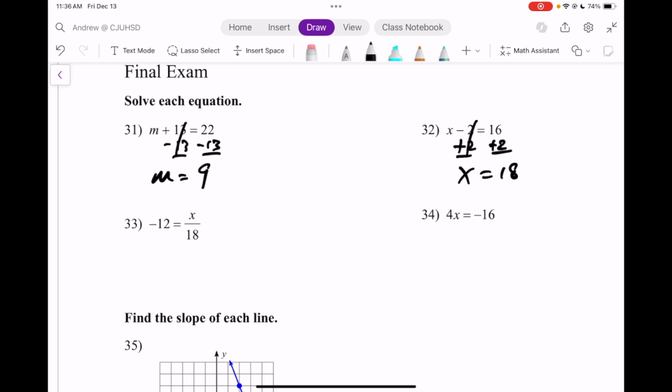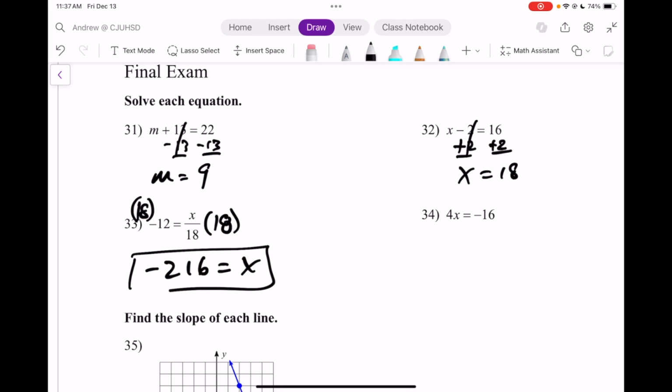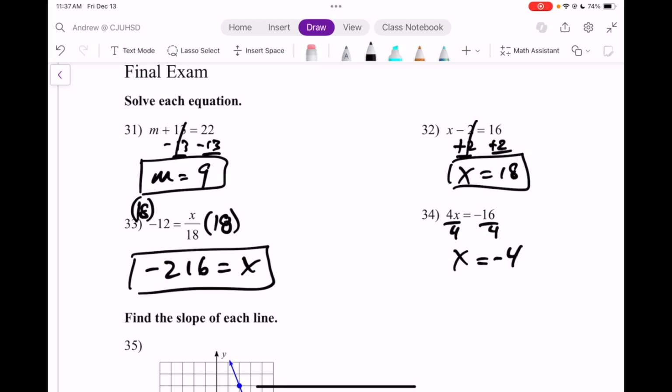For 33, we're going to multiply both sides of the equation by 18. 18 times -12, -216. And finally, 34, we'll divide by 4 and get -4.